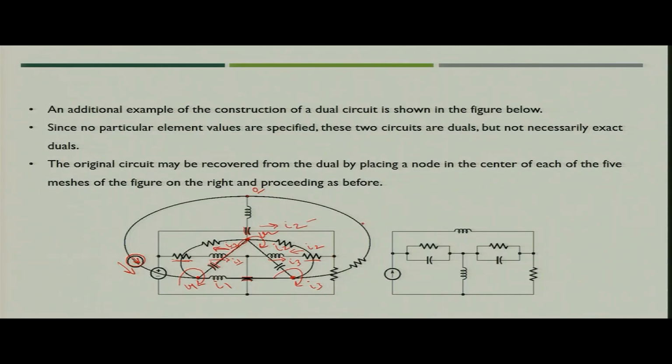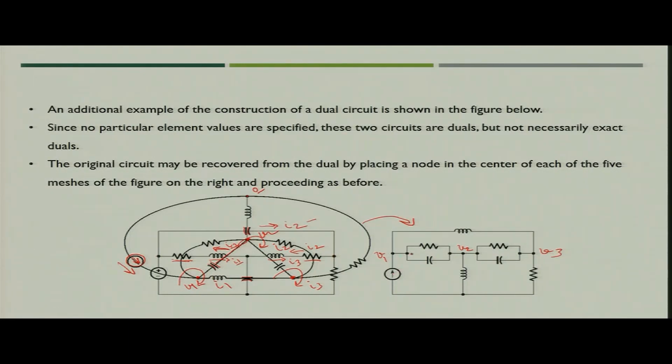Now, let us rearrange it. The circuit would look as shown in this figure, where capacitance and conductance are in parallel. This is V1, this is V2, this is V3, that means node 1, node 2 and node 3.